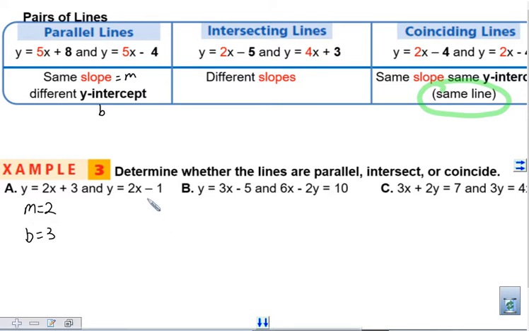Second one, again, is already in slope-intercept form. Our slope is 2 and our y-intercept is -1. So our slopes are the same, our y-intercepts are different. When that happens, we have parallel lines.